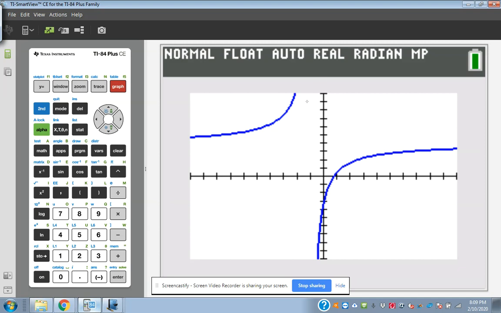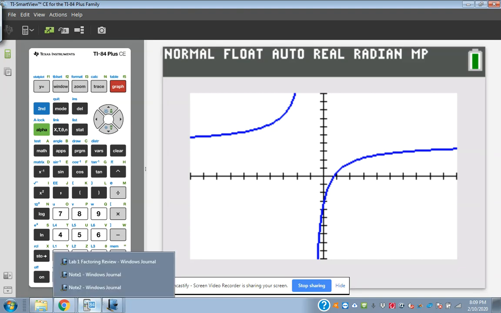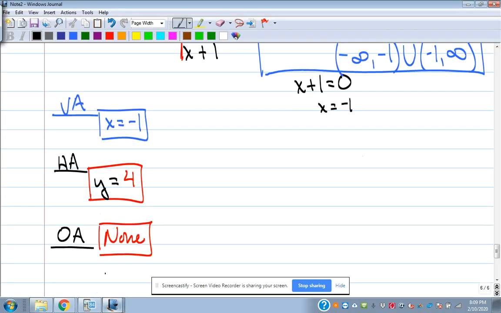We can see that happening right there. And then the horizontal at 4, we can see happening right there. So we see the picture of what's going on, how it's shaped by those asymptotes. Not bad, pretty easy one there, since it didn't do anything. It's always fun when it doesn't do anything.